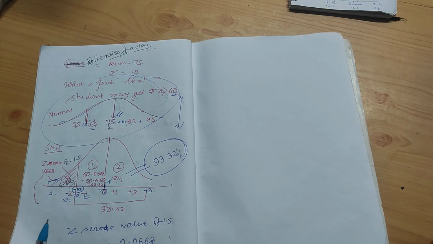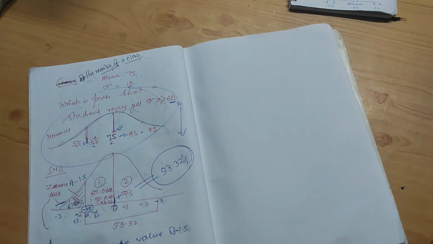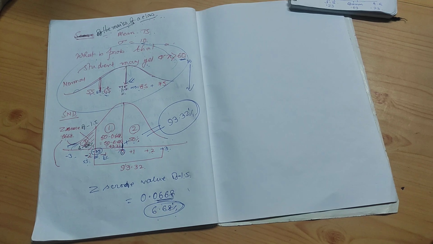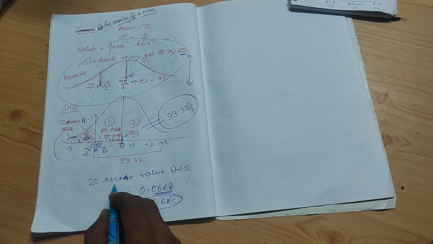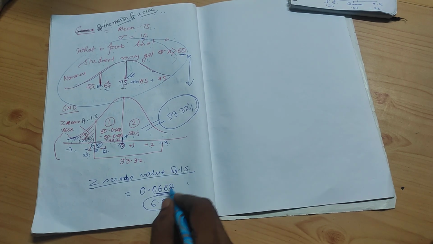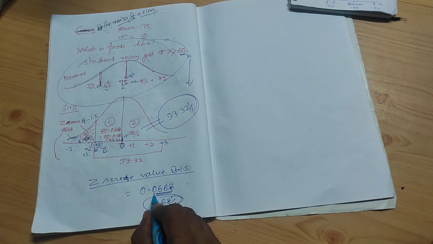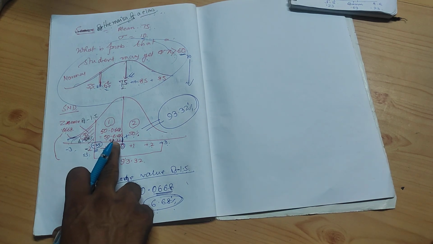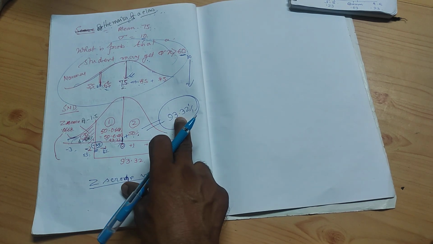You can say it empirically also. The Z-score value of minus 1.5 is 0.0668, in terms of percentage 6.68. So 50 minus 6.68 is 43.32, and 43.32 plus 50 is 93.32.